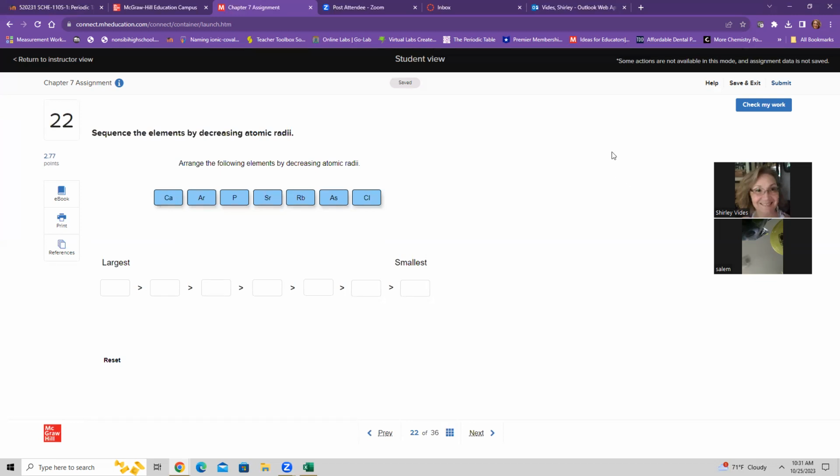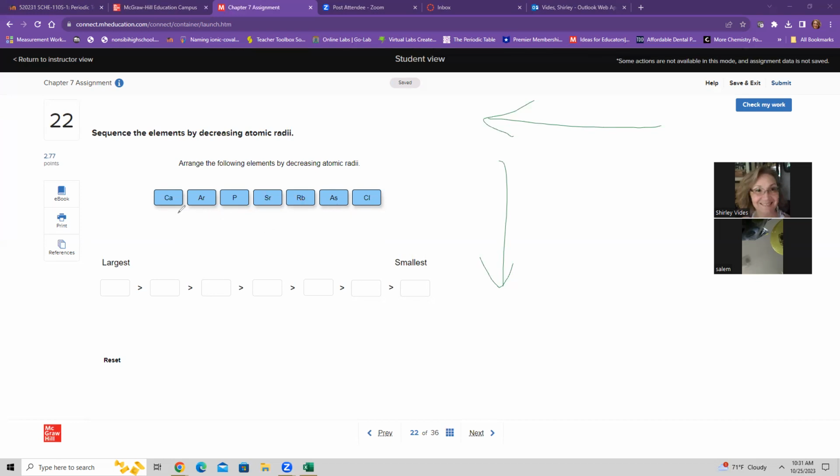Atomic radius. Remember, atomic radius increases in this direction, and I'm going to draw the little trend. The largest is going to be the one lowest and farthest to the left. So rubidium, do we have cesium?